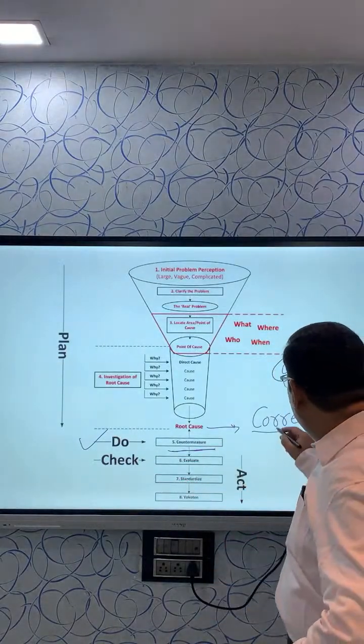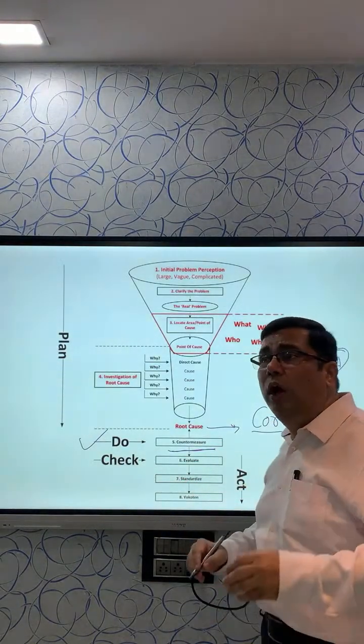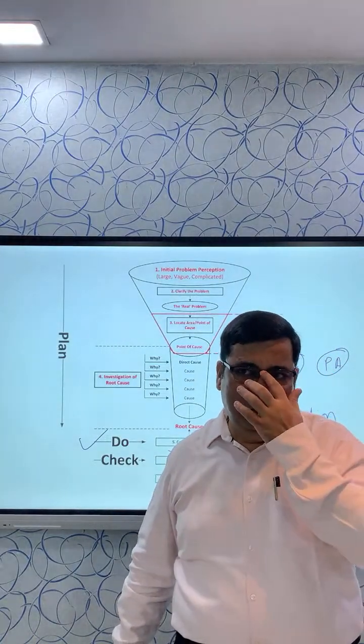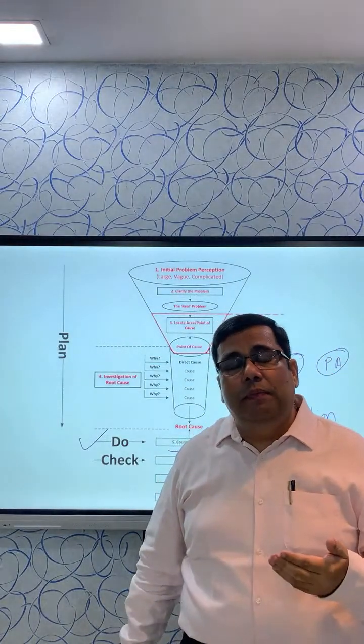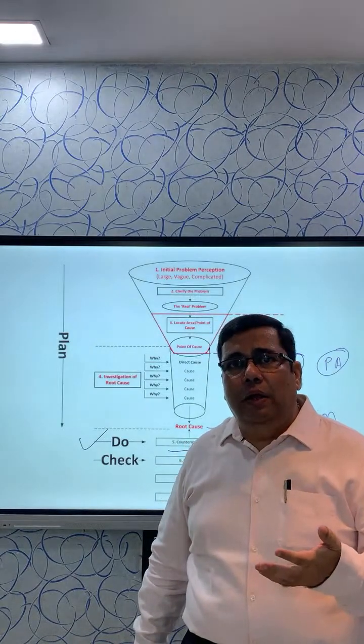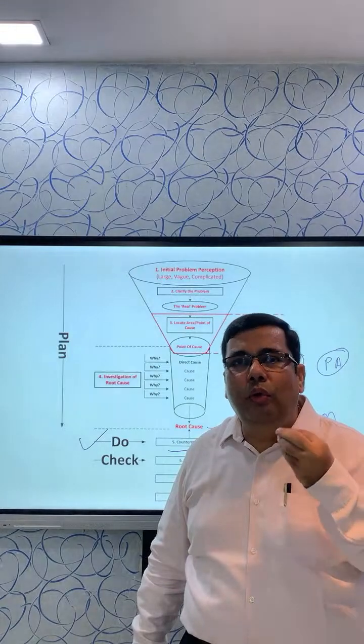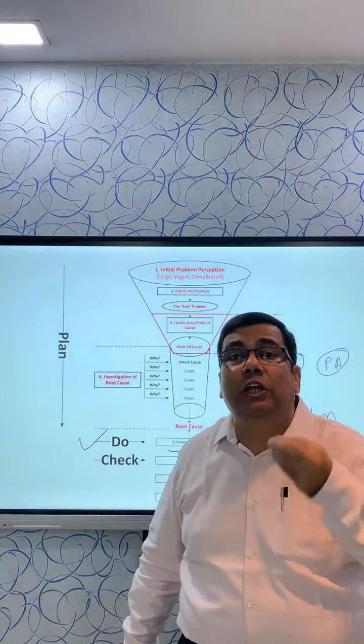Clear? Many people forget this point. Even when you got a non-conformity observation in some inspections, I always suggest that you focus on CAPA, no problem, but you have to evaluate the immediate correction also.